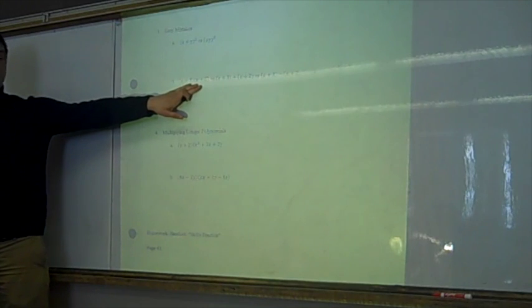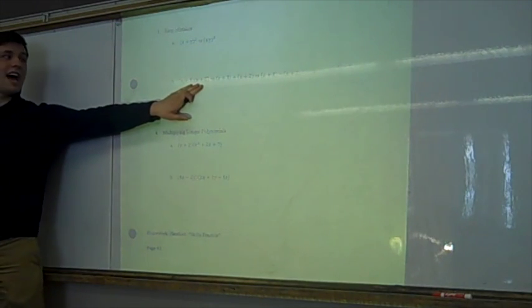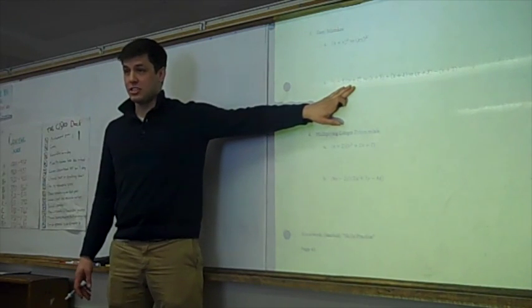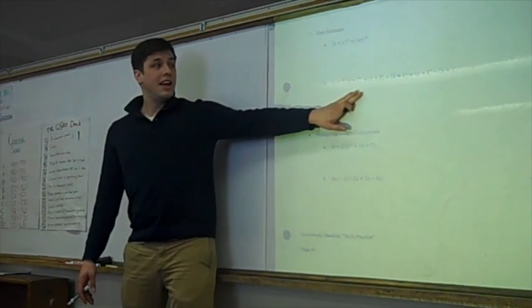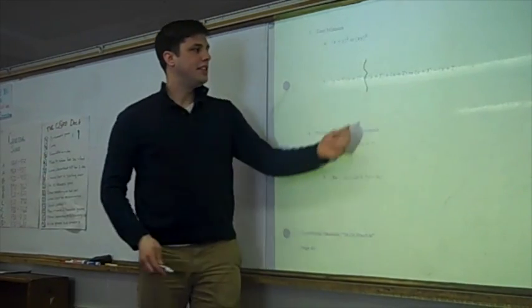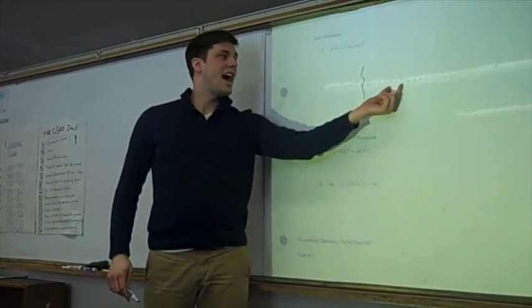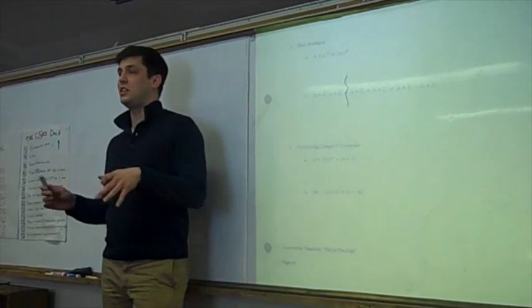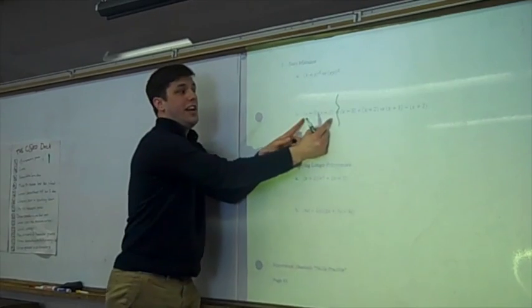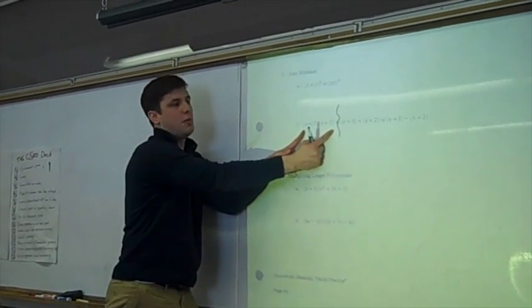Sometimes you're multiplying, where you use the FOIL method, like x plus 3 times x plus 2. And other times you're going to be adding or subtracting, and you did this earlier this year: x plus 3 plus x plus 2. You have to think of what to do to get rid of the parentheses. Over here you multiply, you FOIL to get rid of the parentheses.